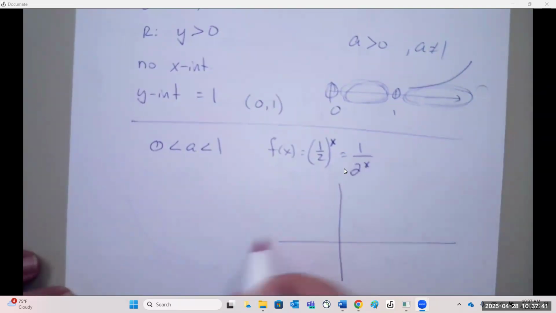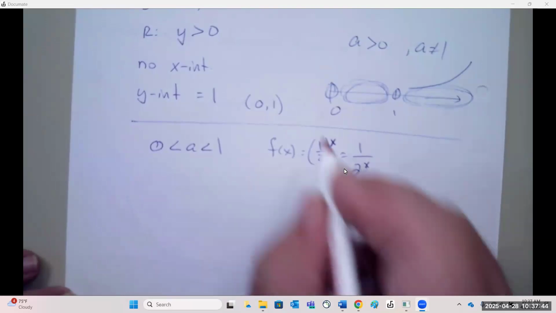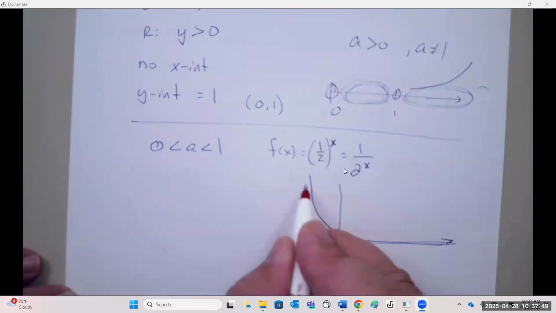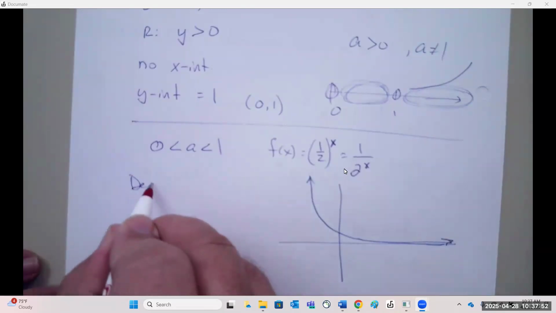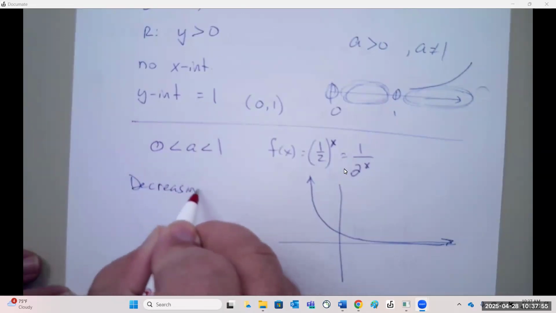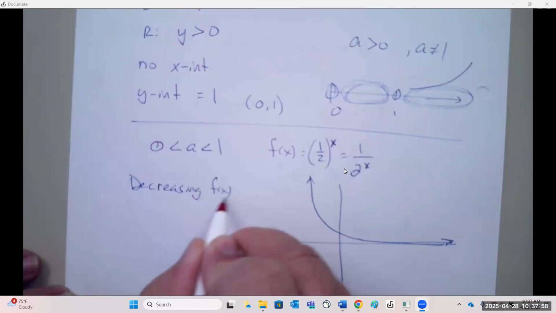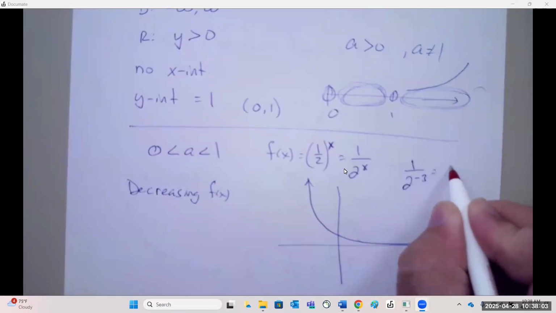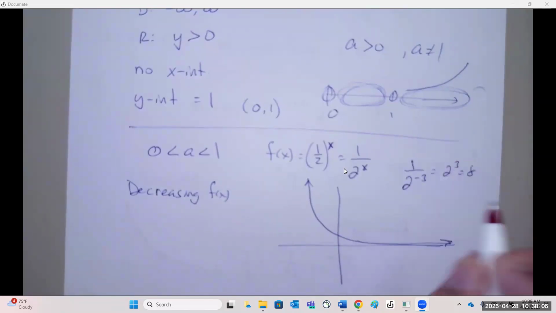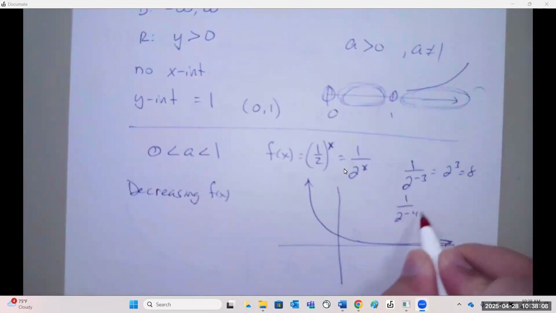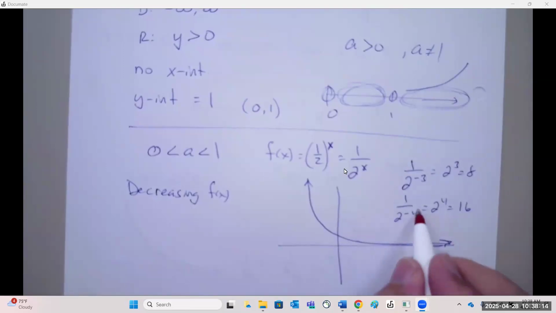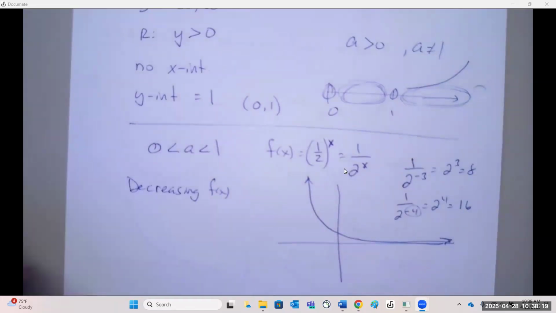When x becomes more negative, then it goes up. So this graph looks like this. Decreasing function. Because 1 over 2 to the power negative 3 is 2 to the power 3, which is 8. 1 over 2 to the power negative 4 is 2 to the power 4, and that's 16. So the bigger the negative, the bigger the answer becomes, the higher it goes.